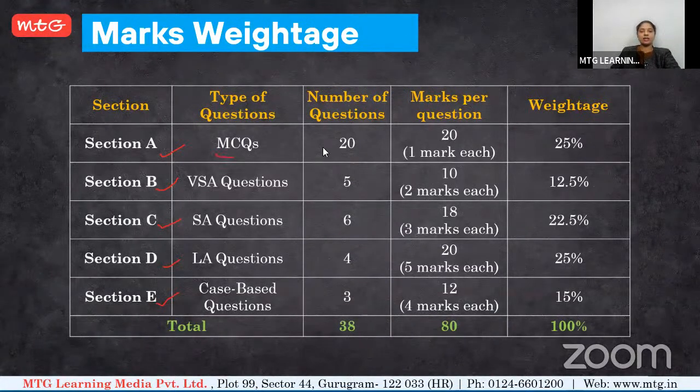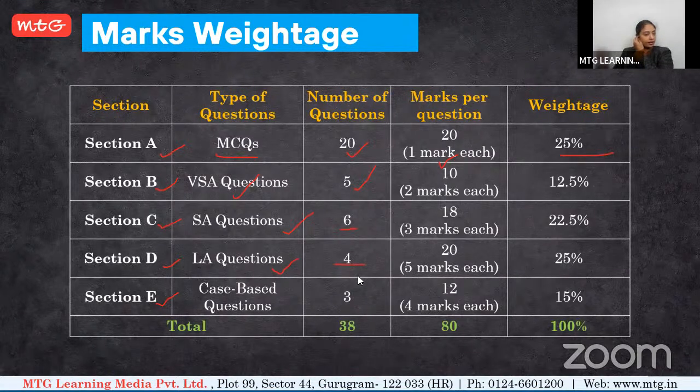The first section is completely MCQ questions, where you'll have 20 questions with 1 mark each, and its weightage is 25%. After that, section B is very short answers, where you'll have 5 questions, which gives a total of 10 marks. Then short answer type, then comes the long answer type, which will have 6 questions and 4 questions respectively.